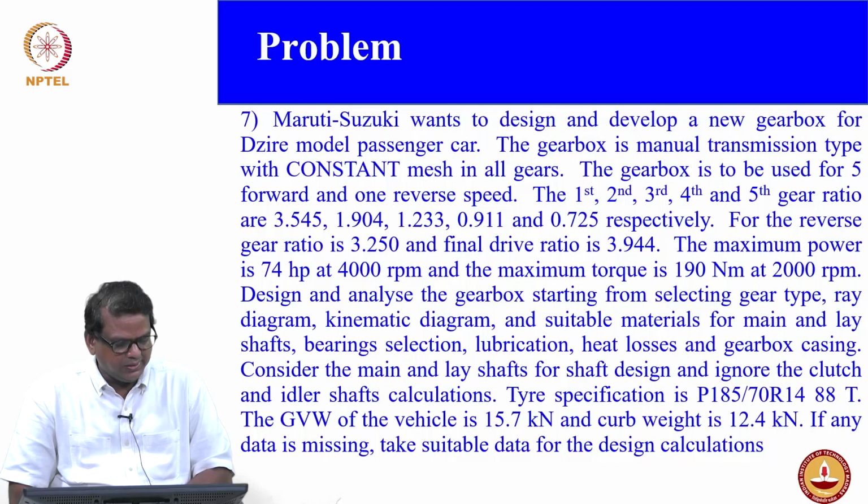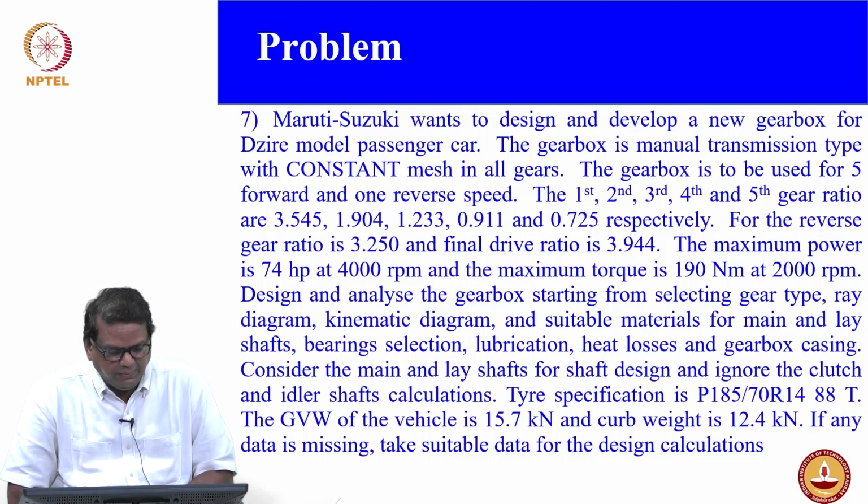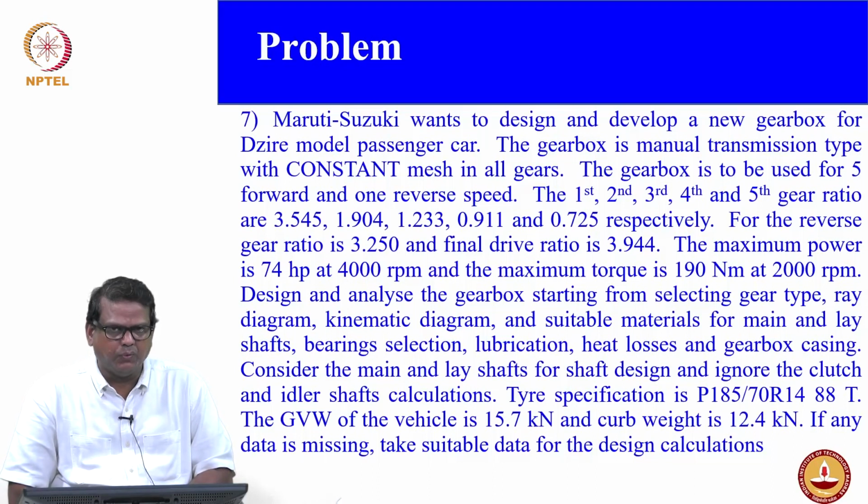Ignore the clutch and idler shafts for calculations. The tire specification is P185/70R14 88T. The GVW of the vehicle is 15.7 kilonewton and curb weight is 12.4 kilonewton. If any data is missing, take suitable data for the design calculation.